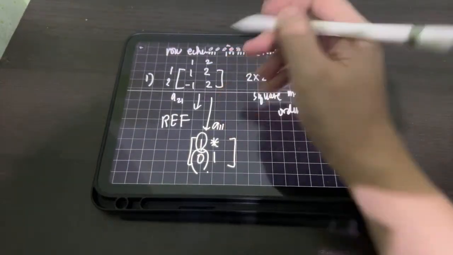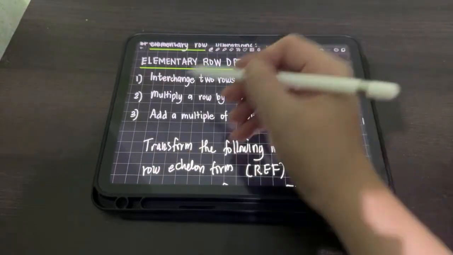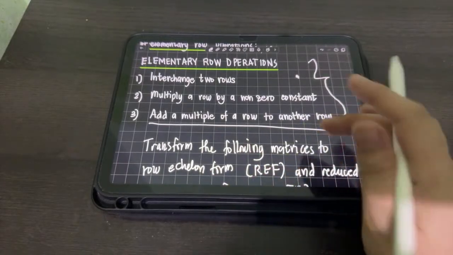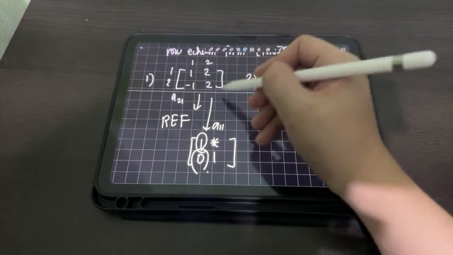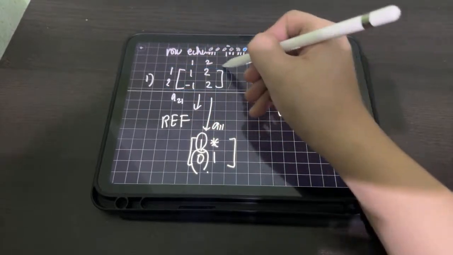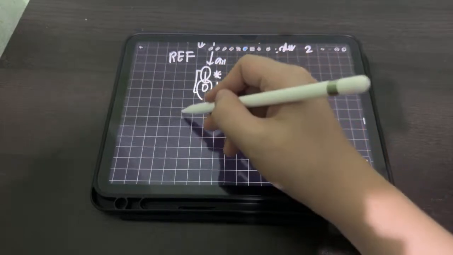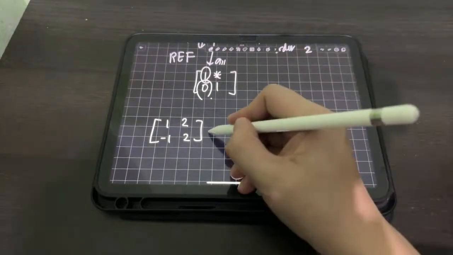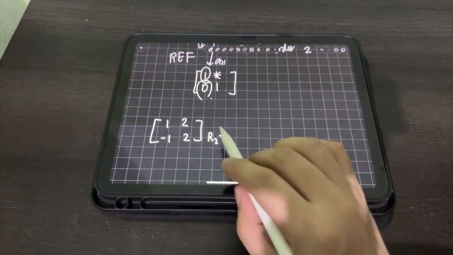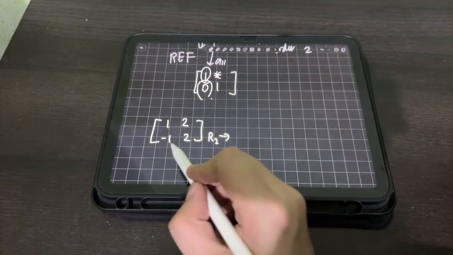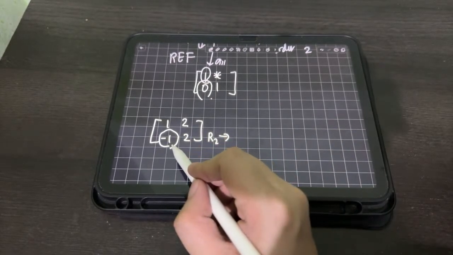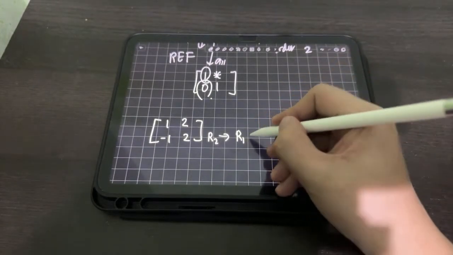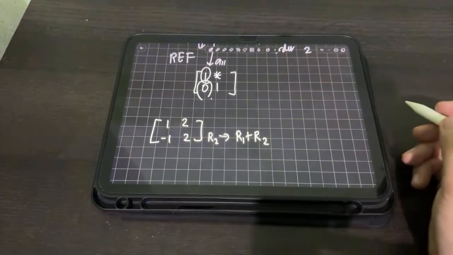So applying the third property or the third elementary row operation, you can add a multiple of a row to another row. Therefore, if this is our given matrix, if we transform this row 2 into its new form, such that the goal is this negative 1 becomes 0, we can actually add row 1 plus row 2.